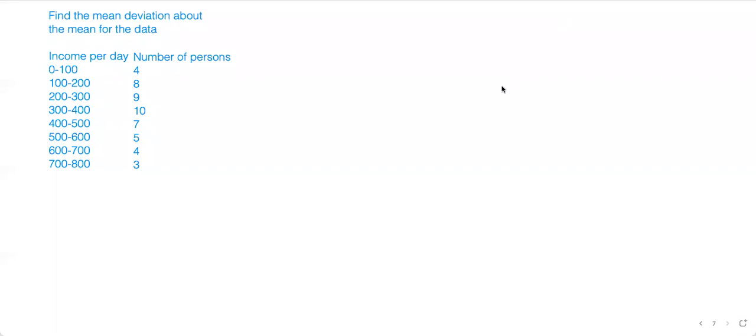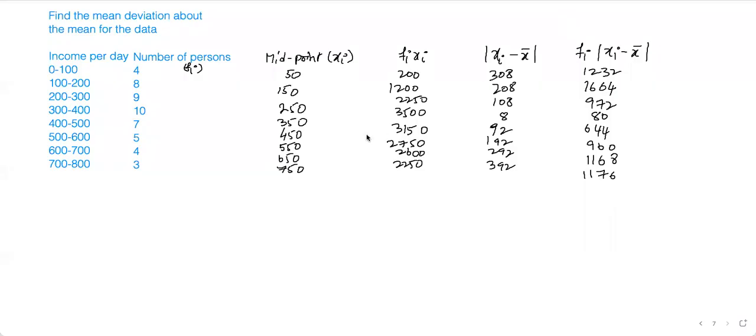So let us solve this. Let's find the mean deviation of this data of income per day in rupees and number of persons. Let us form the table with xi, fi, and fi into xi.